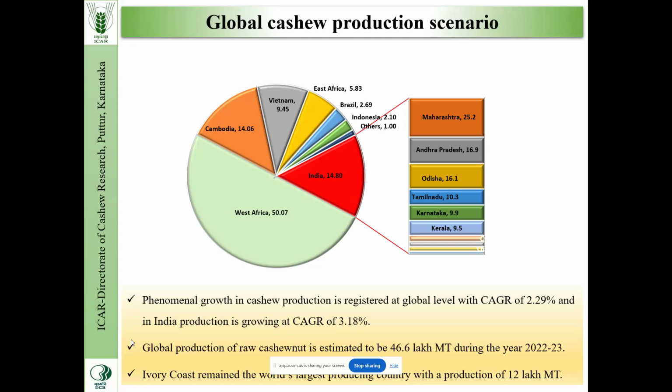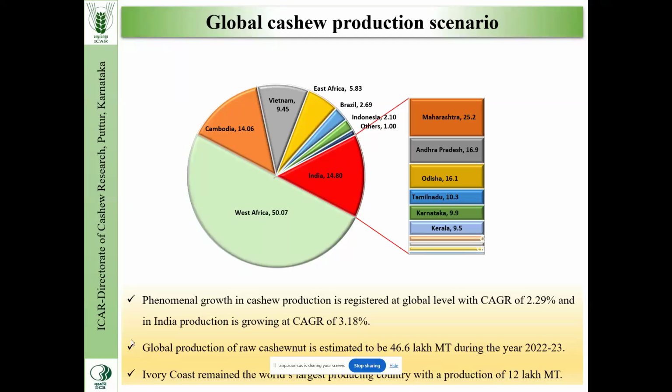There is phenomenal growth in cashew production registered at the global level with a compound annual growth rate of 2.29%. And in India, the production is growing at the rate of 3.18%. The global production of raw cashew nut is estimated to be 46.6 lakh metric tons during the year 22-23.